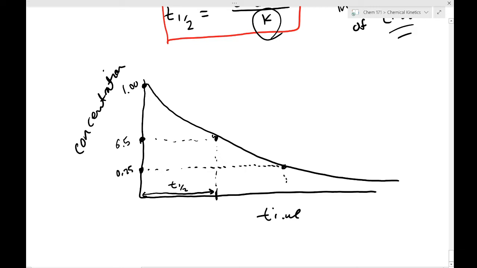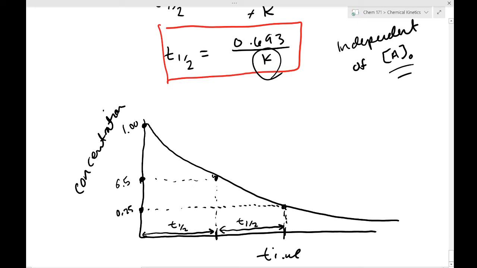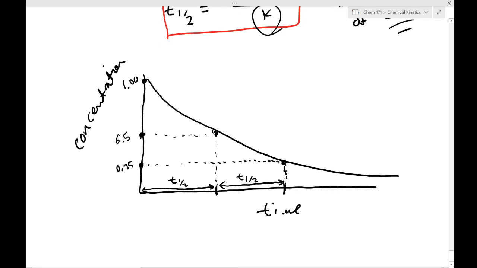So right there, this should be the second half-life, so this should be equal to t1/2. Remember, because it's not dependent on the initial concentration, we can treat the initial concentration as 0.5 or 1.0, and we should get the exact same value. Okay, so t1/2 here is equal to t1/2 here, because it does not depend on the initial concentration.